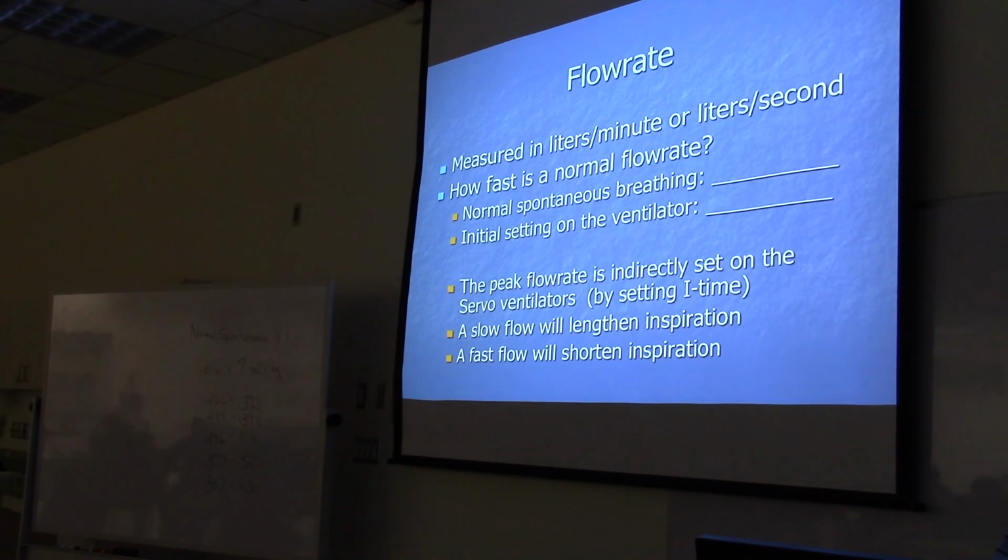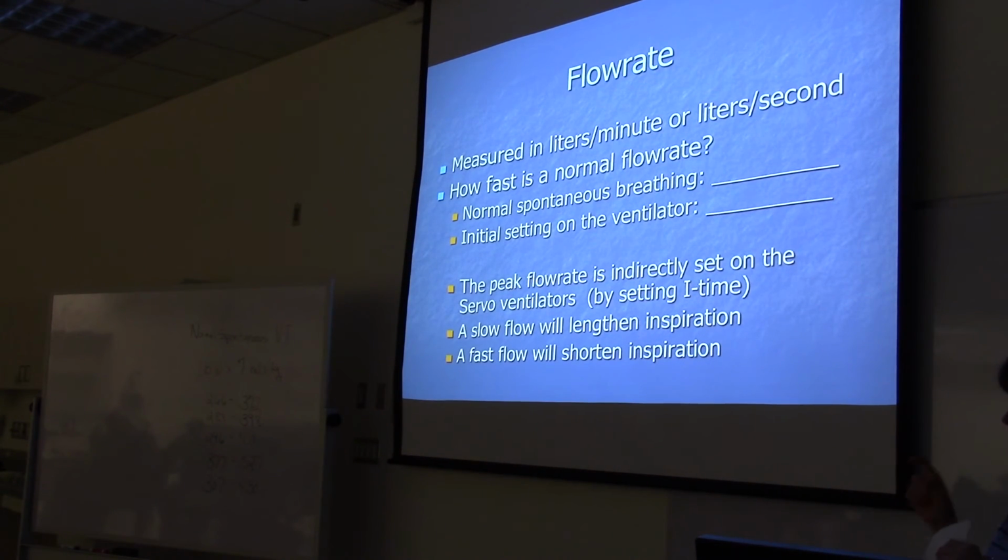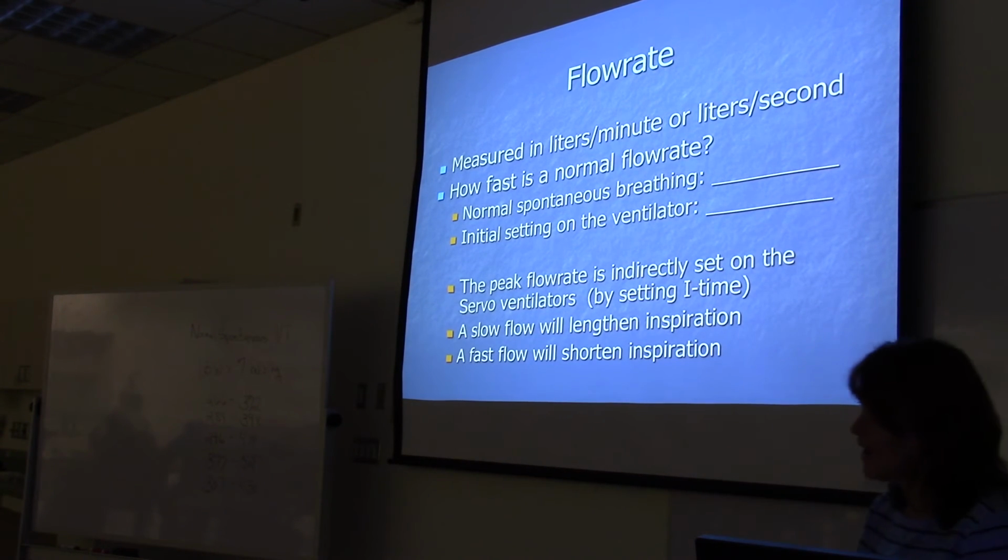Inspiratory time is the amount of time it's taking for the air to get into the lungs, the inspiration. And if you choose a short amount of time for the air to go into the lungs, it's going to go in there really fast.